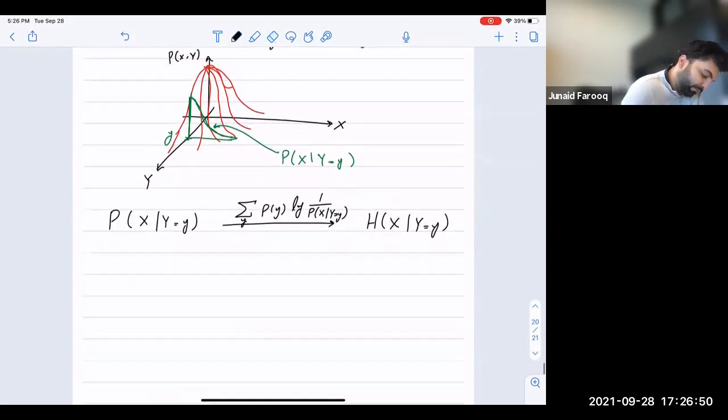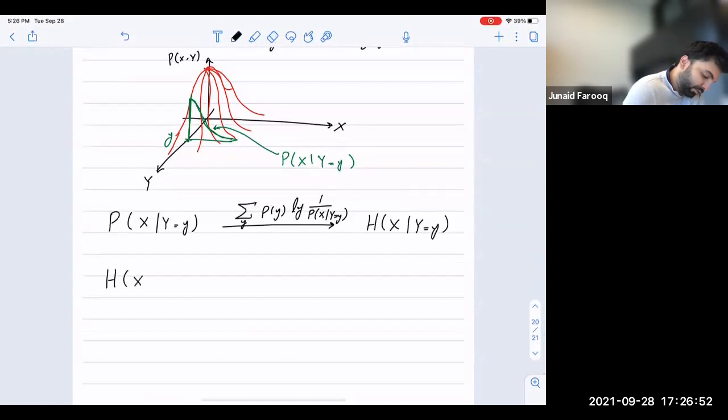And then once you have h of x given y equals y, you can get h of x given y. The way you do it is just average over all the y's.